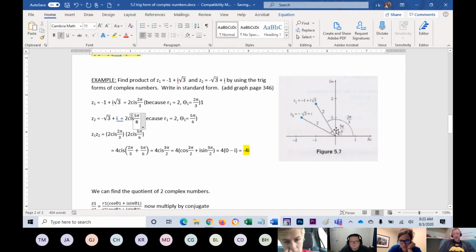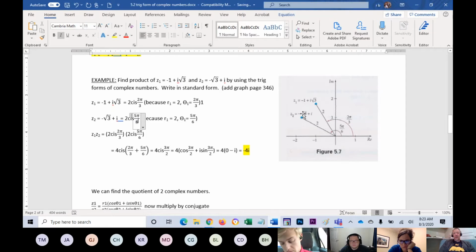Now, how do we know we're at 5 pi 6? The other side is going to be pi 6, okay? How do we know we're pi 6 here? Well, we can do the inverse tangent of b over a, opposite over adjacent. The opposite is 1 over the square root of 3, or the square root of 3 over 3.